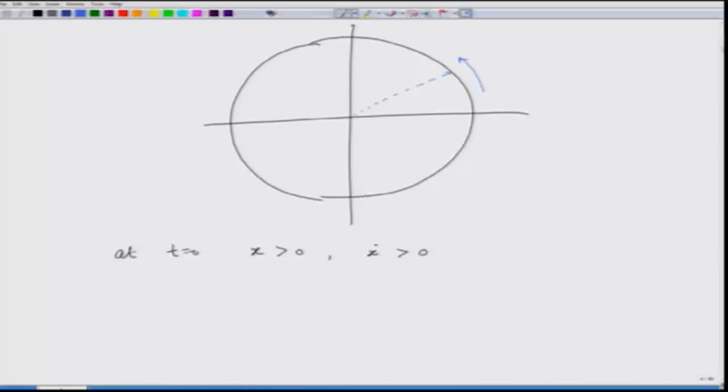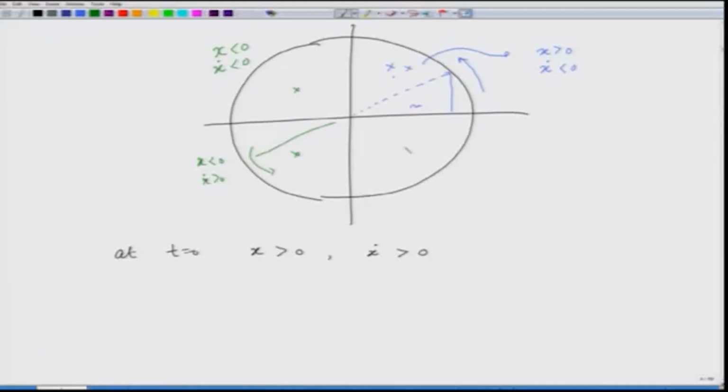If I look at this quadrant, in this x is positive, but x dot is negative. So, let us write here x is greater than 0 and x dot is less than 0. How about this quadrant? In this quadrant, x is less than 0 and x dot is also less than 0. Here x is less than 0, x dot is greater than 0 because this arrow would be moving this way.